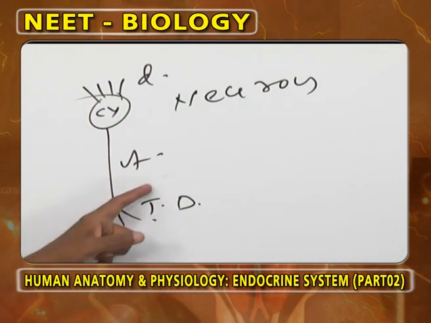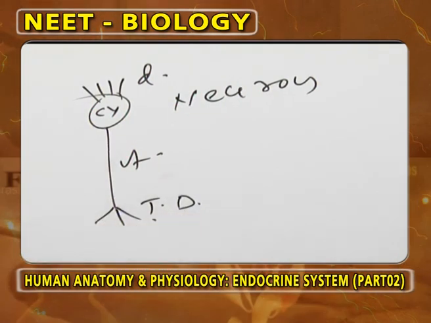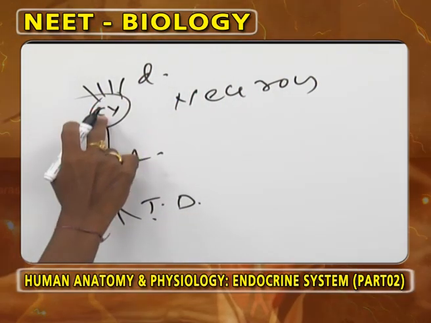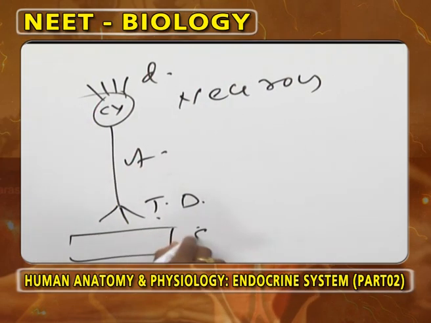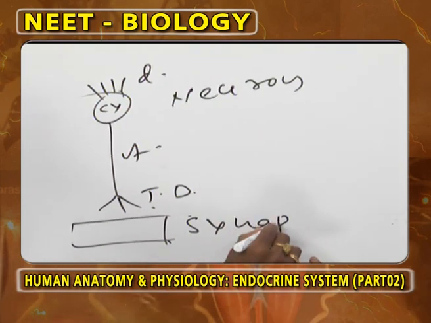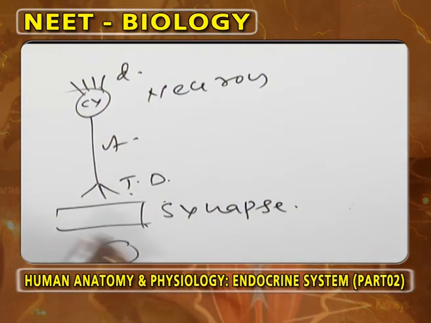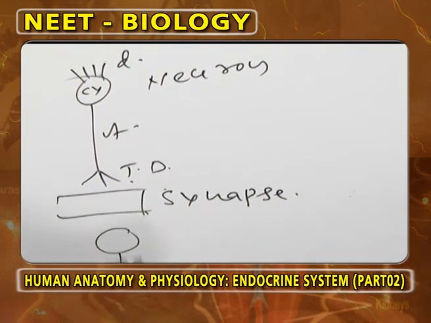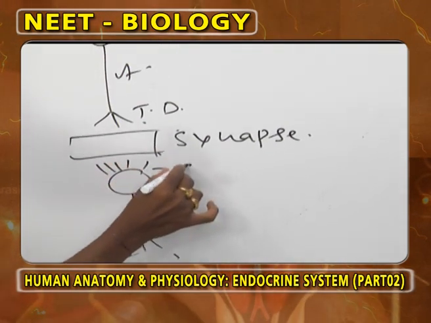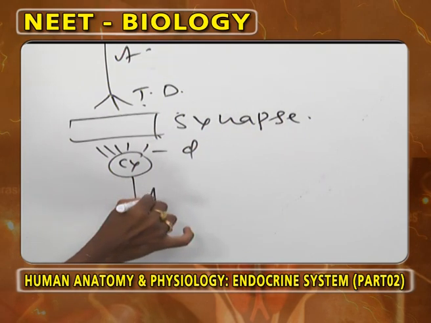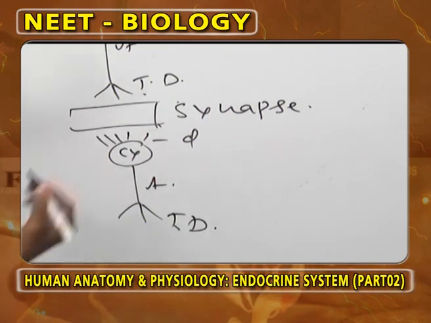I am using the short names: dendron, cyton, axon, teledendron. This one we call SY, the synapse, and this is another neuron. Like that the neurons are arranged.